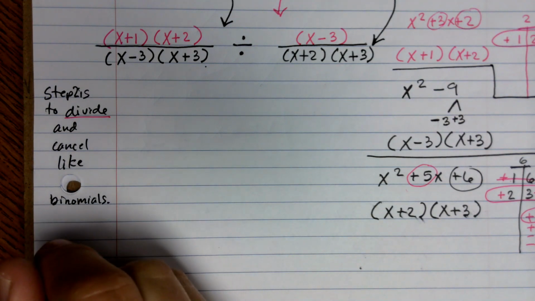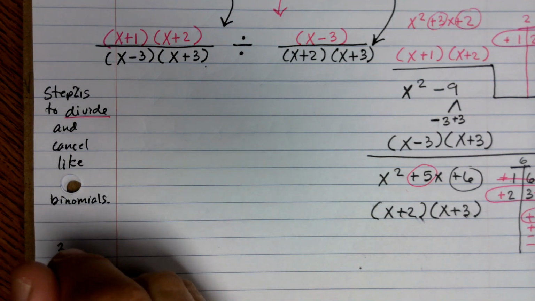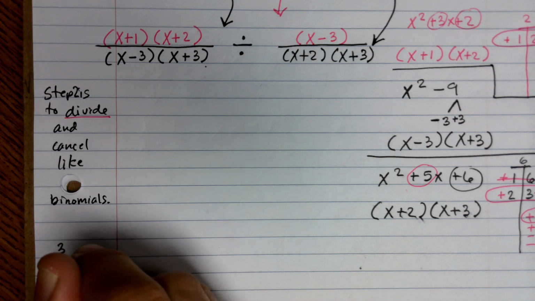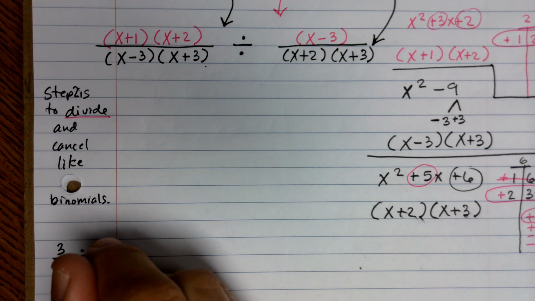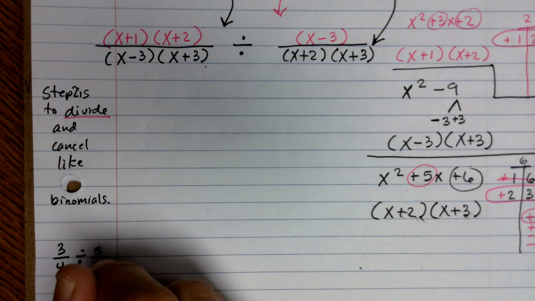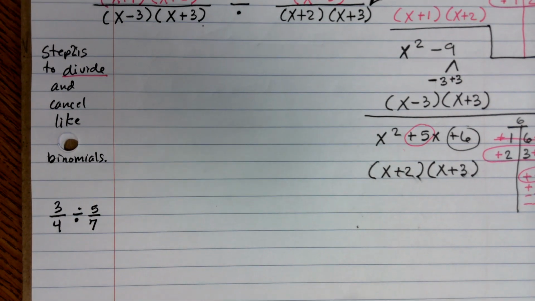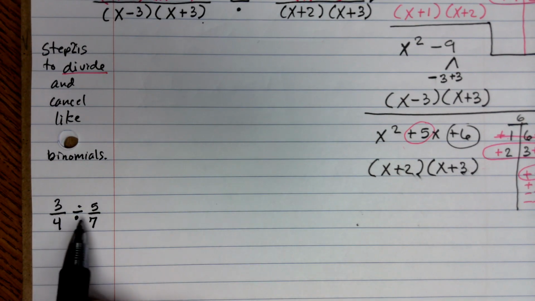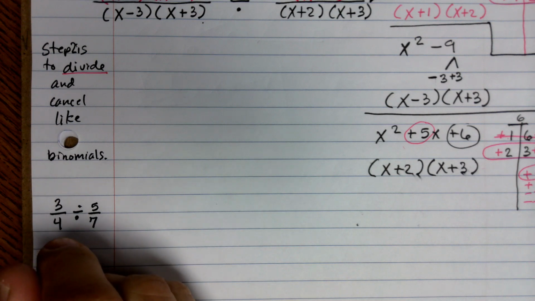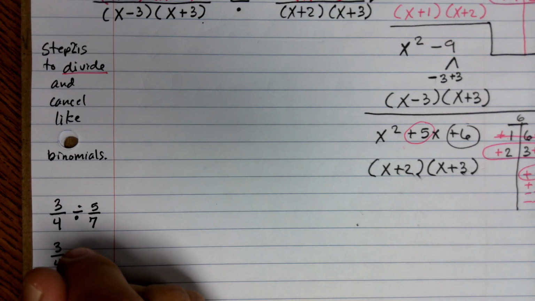In other words, if let's say you had 3 over 4 divided by 5 over 7, what your teacher would tell you is if you're going to divide this fraction by this fraction, you're going to multiply by the reciprocal.